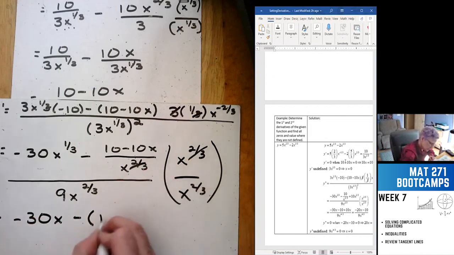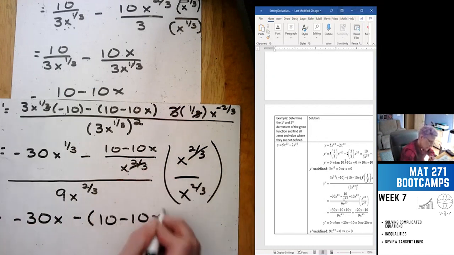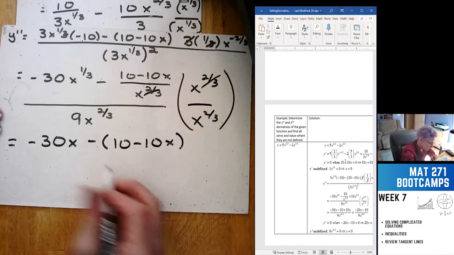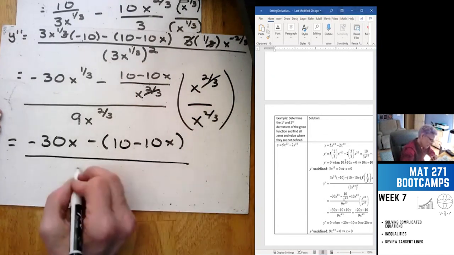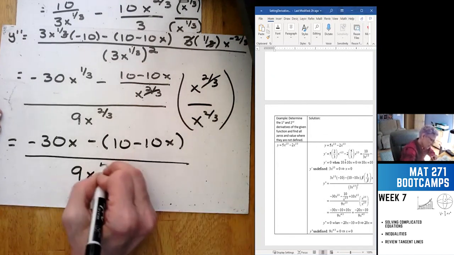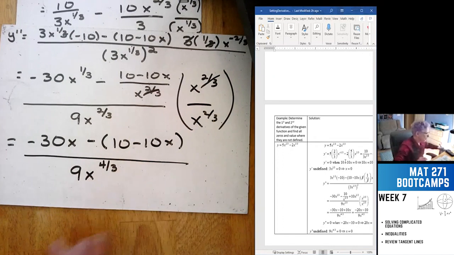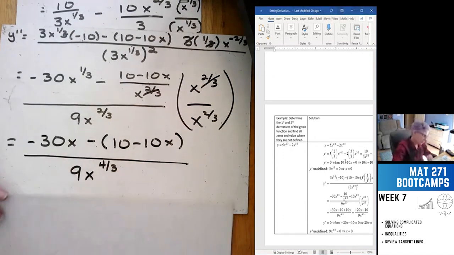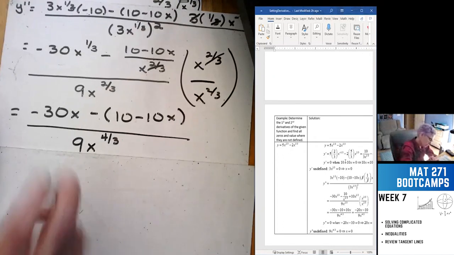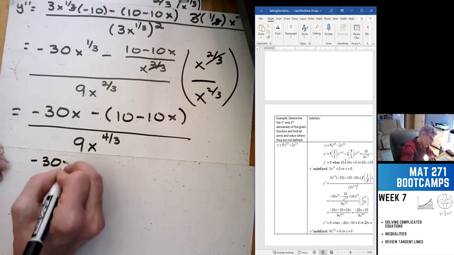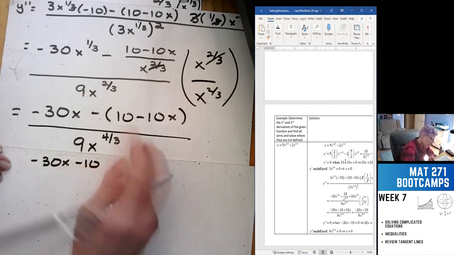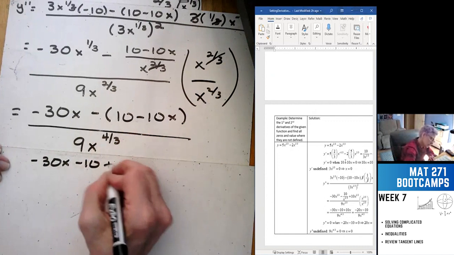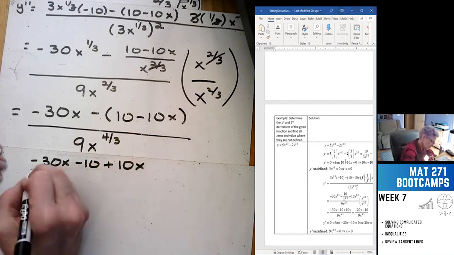Cancel, cancel. 10 minus 10x. And down below, I have 9x to the 4/3. So minus 30x minus 10 minus minus gives me plus 10x.